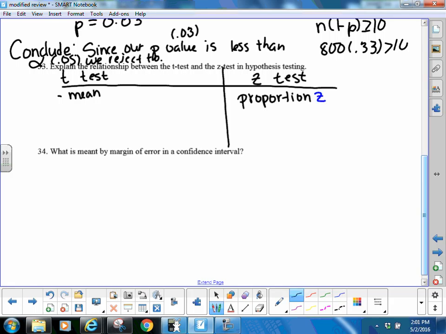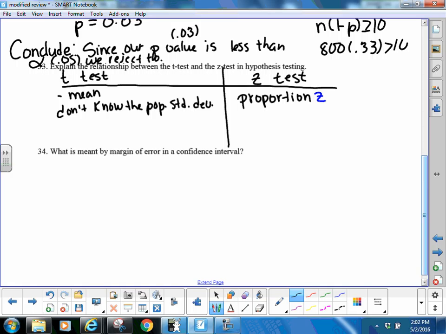Alright, Lainey, tell me something about Z and T. T is when you don't know the population standard deviation. So, t-tests are for means, and means where you don't know the population standard deviation.